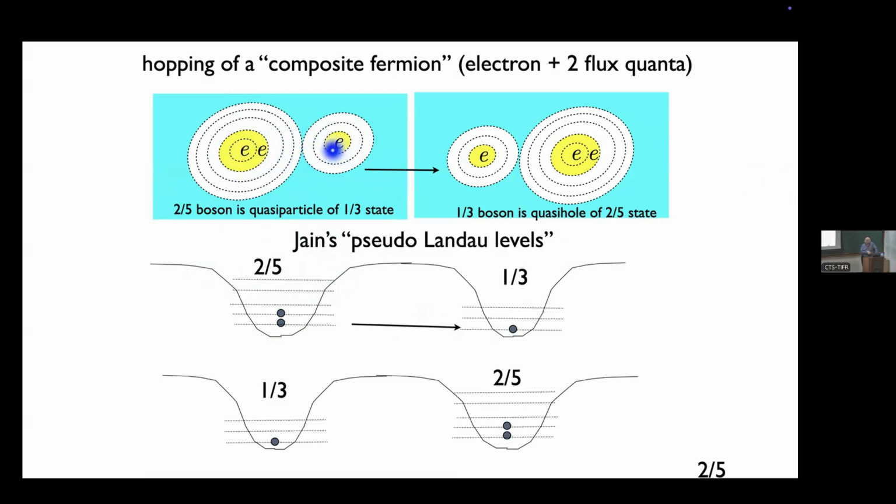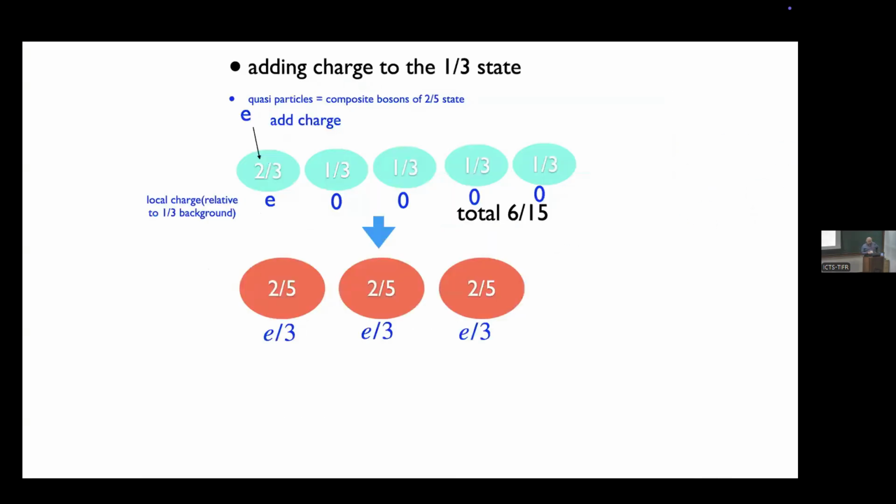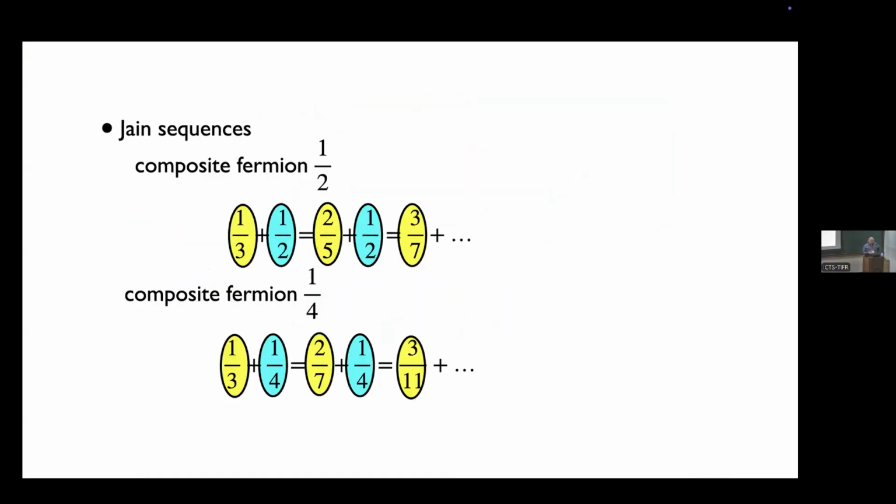So these droplets are like unit cells. The composite boson is the analog of the unit cell in a solid. And when you dope it, the mobile charges are actually composite fermions. So a composite fermion will hop, and then you'll have transformed this one to a 2/5.